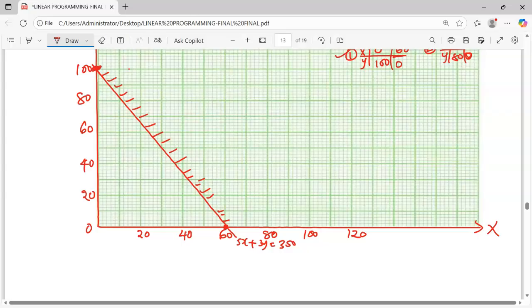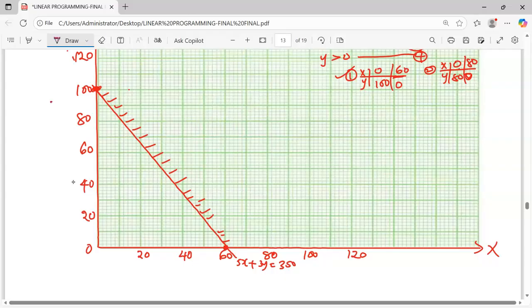Next, we are going to draw another one. For the second one, when x is 0, y is 80 at this point, and when x is 80, y is 0 at this point. Again, we are going to use a ruler to draw a line between the 2 points. That is what we have.